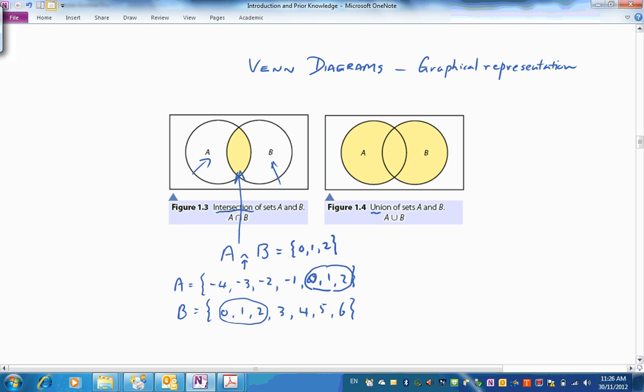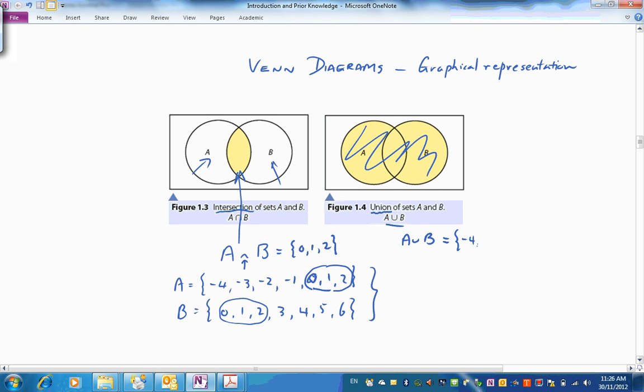Okay, what about over here? I think we can see the word union and look at the symbol. A union B means we're going to unite the whole lot. We're going to unite the sets and have everything that's in both of them. So if we use the same sets as what we have here, then what would the union look like?